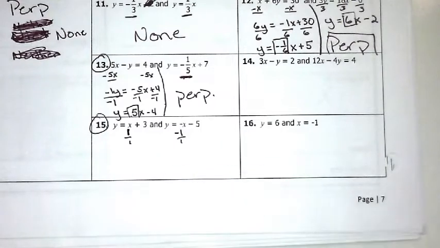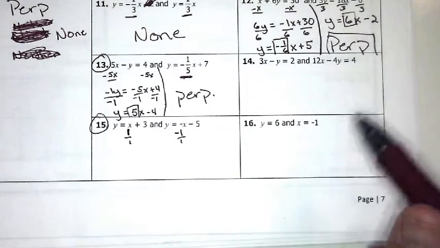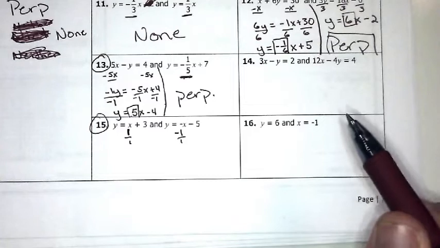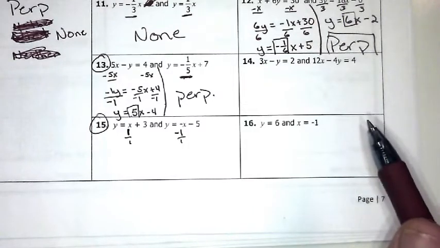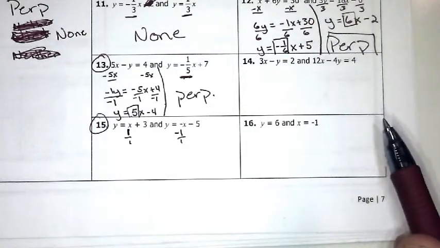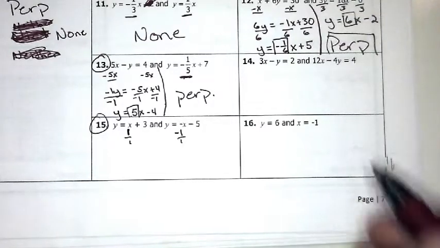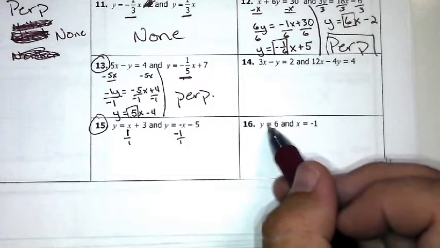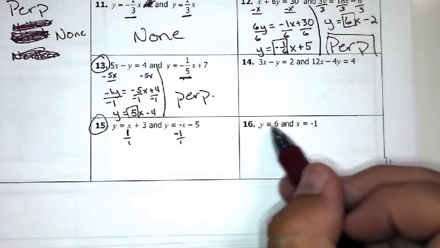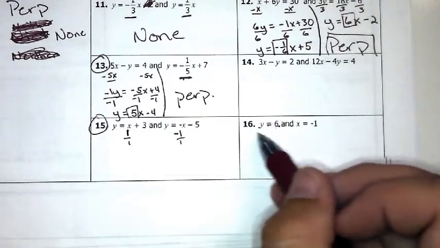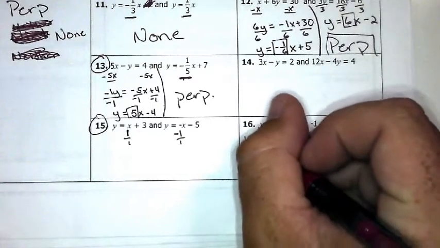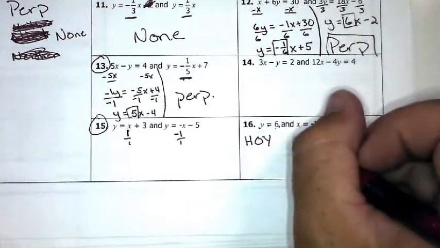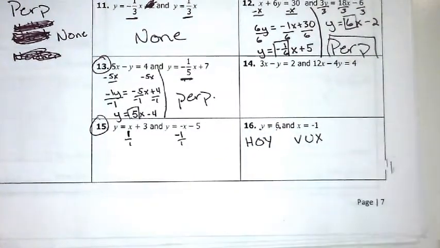Now, I want to talk about number 16 because 16 is a special case. I have a variable opposite of a constant with the equal sign in between. Okay? So a variable opposite of a constant. What that tells me is I am in the world of Hoy and Vux. Now, y equals 6.